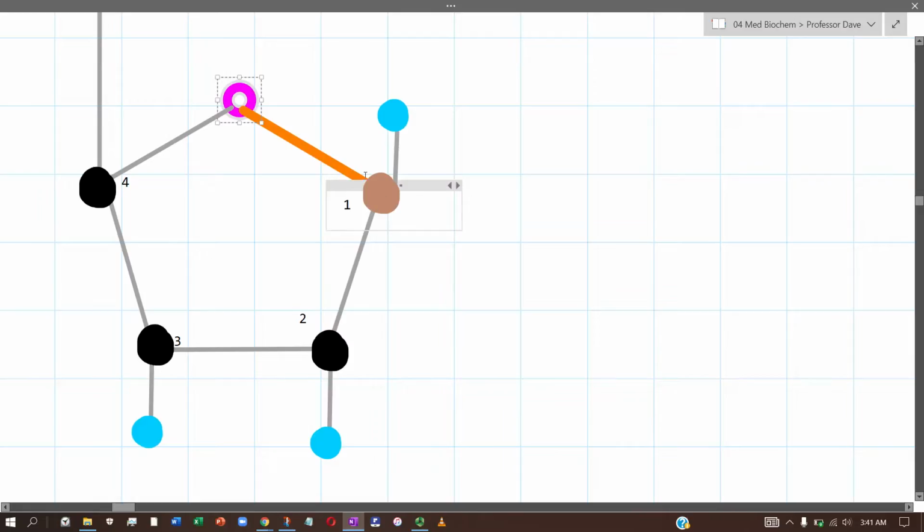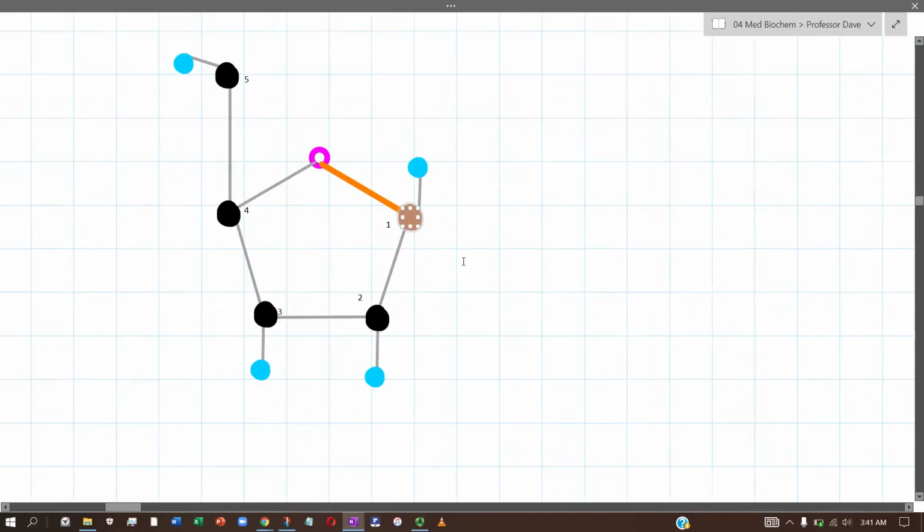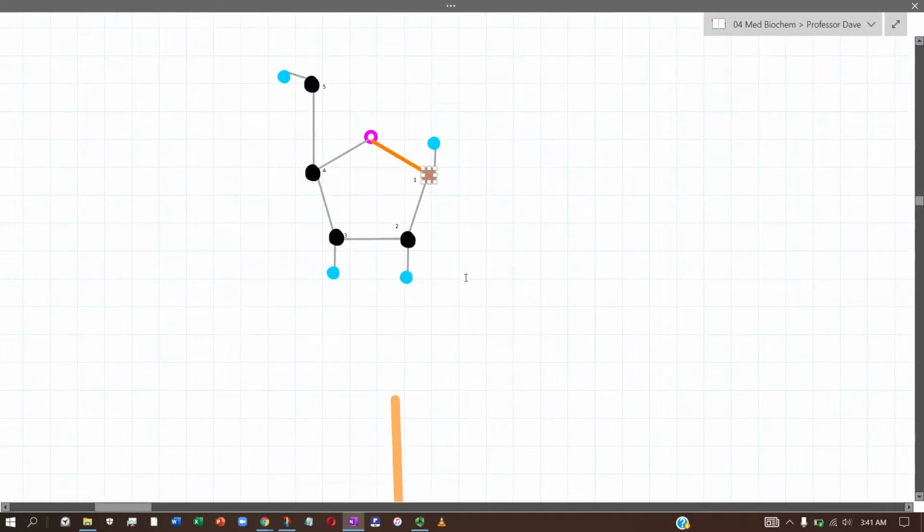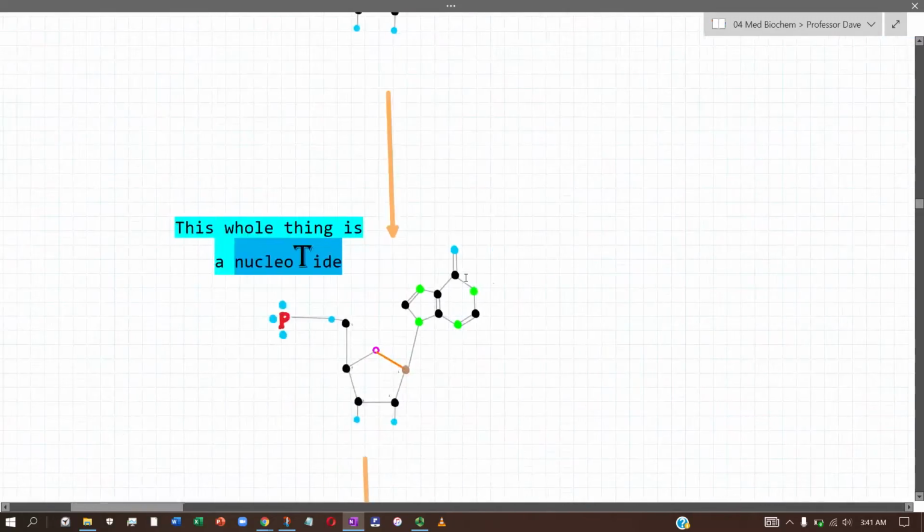And the bond is in orange because it's a special bond that was created recently with the creation of the ring. And again, remember, this is the anomeric carbon. Cool. So let's move on.